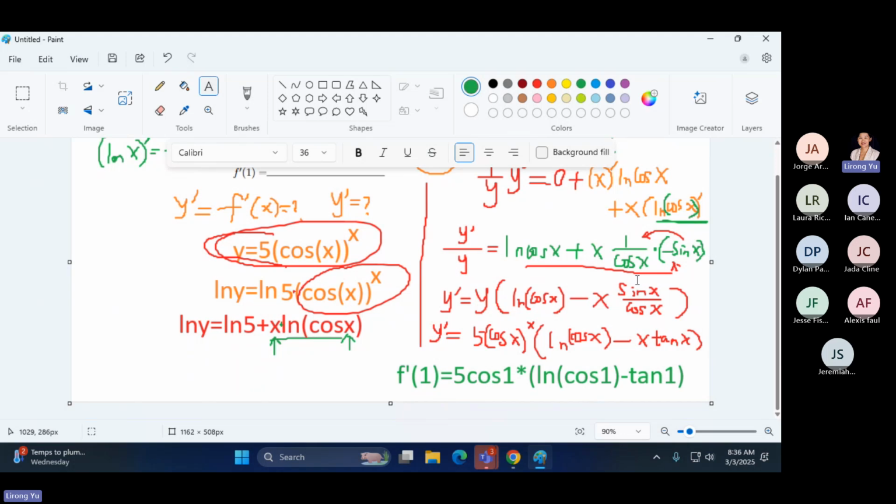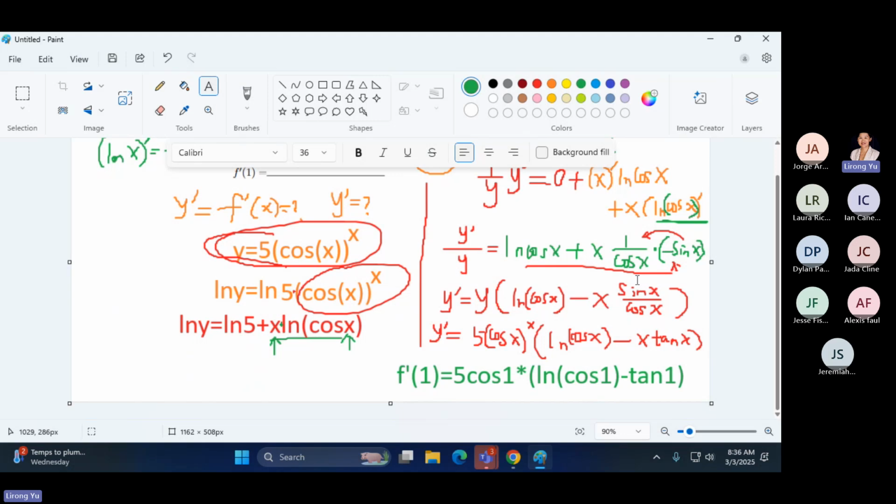Since it's 1, it's slightly easier than other numbers. You can also calculate f prime of 3. Imagine if it's 3, it's going to be 5 cosine 3 to the power 3 multiplied by natural log cosine 3 minus 3 times tangent 3. So if it's 3, there's a little bit longer writing, because if it's power 3, you have to write it, but power 1, you don't have to write it. If it's multiplying by 1, you don't have to write it, but multiplying by 3, you do have to write it.